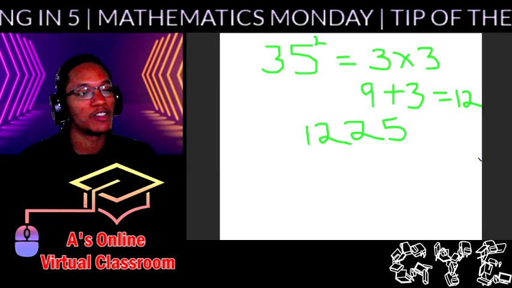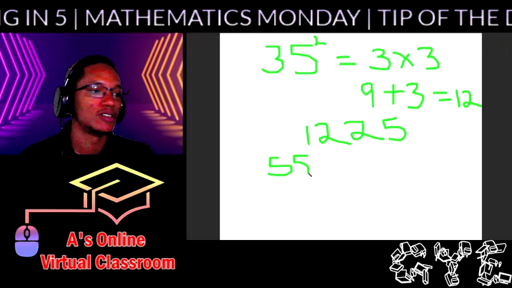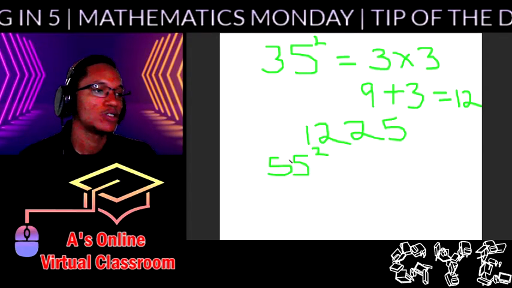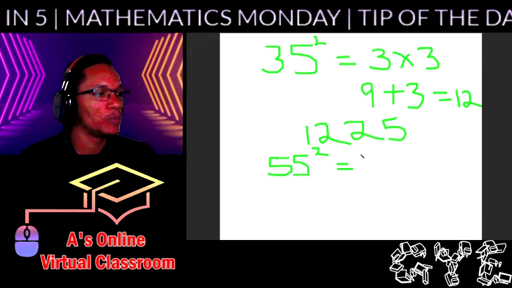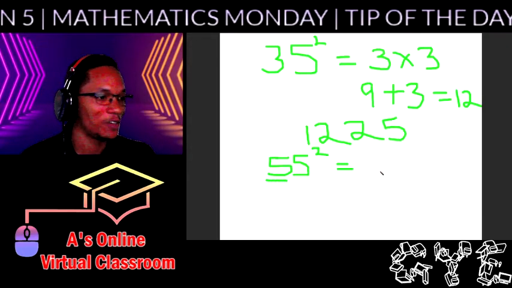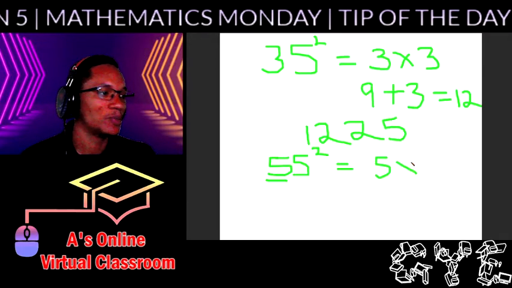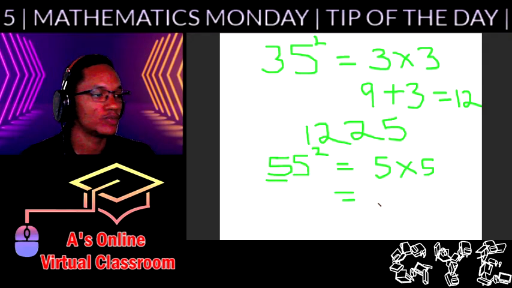Let's say we have a number like 55 squared. So all numbers ending in 5 you can do this with. And I'm just getting bigger and bigger as we go along. So now we will take the 5, this 5, multiply it by itself. We get 25.